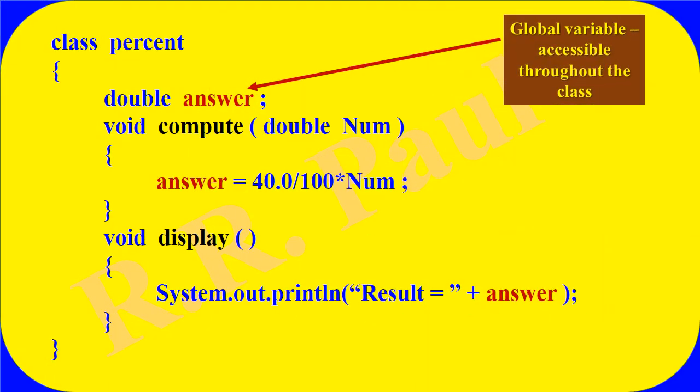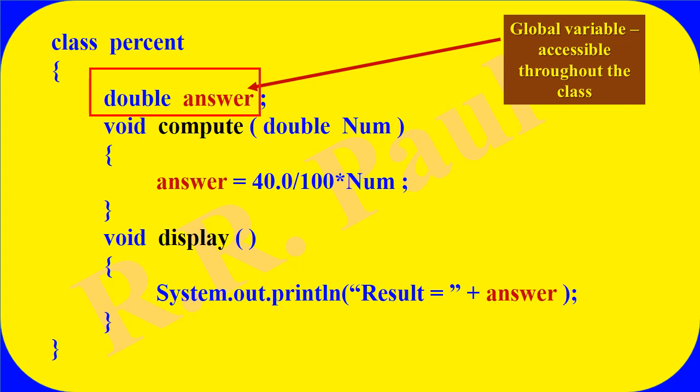Let us try to understand the accessibility and availability of a global variable. Double type answer is declared inside the class, and it has 2 functions, compute and display.